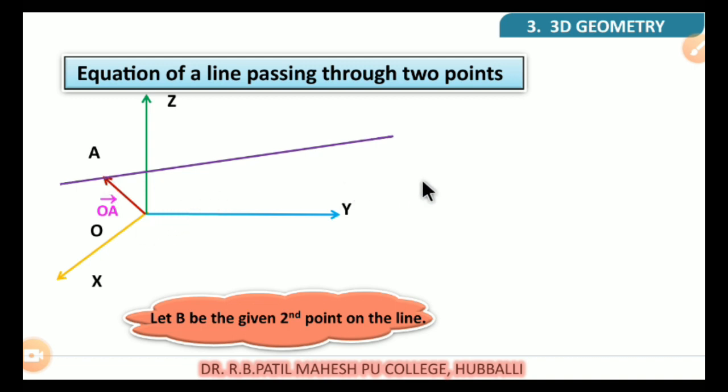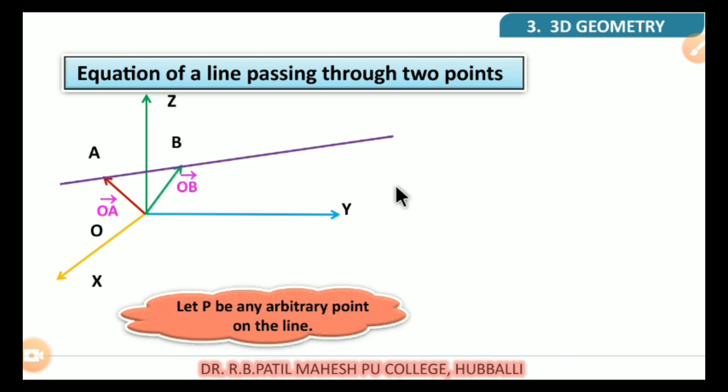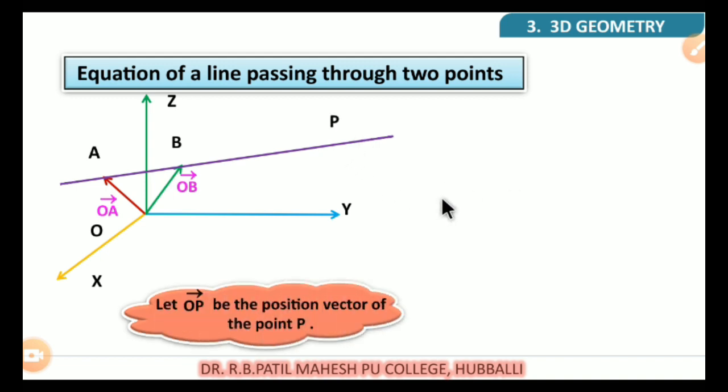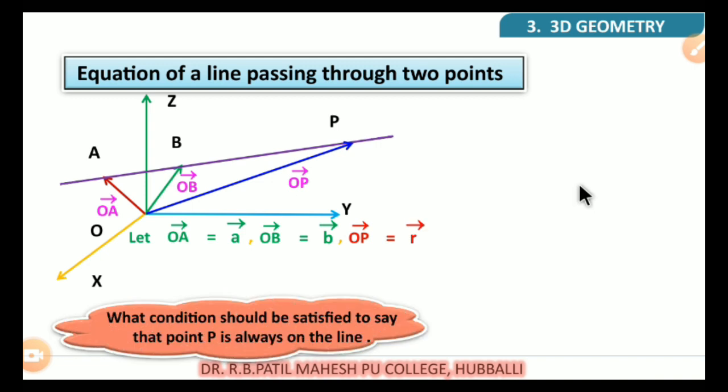Let B be the second point on this line and OB be the position vector of the given point B. Let P be any arbitrary point on this line and OP be the position vector of the point P. Let OA vector be equal to vector a and OB vector be equal to vector b. Next, OP vector can be taken as small r vector.